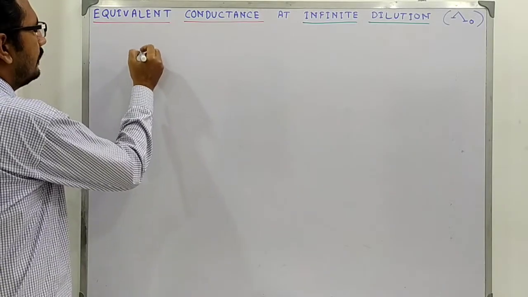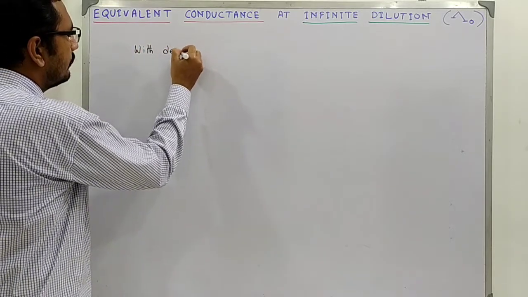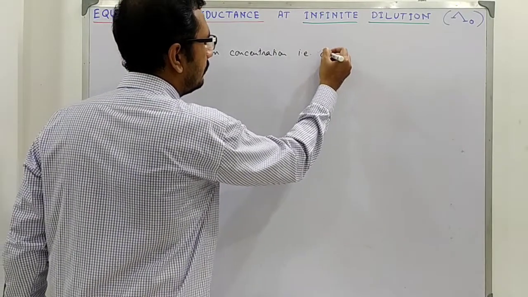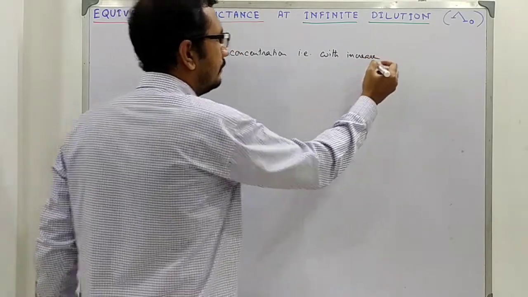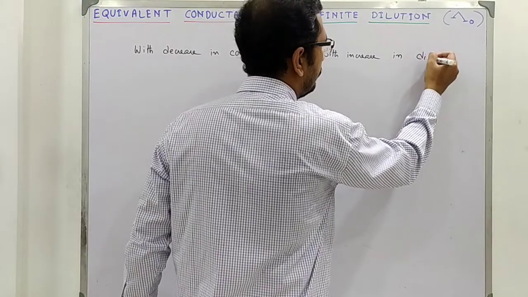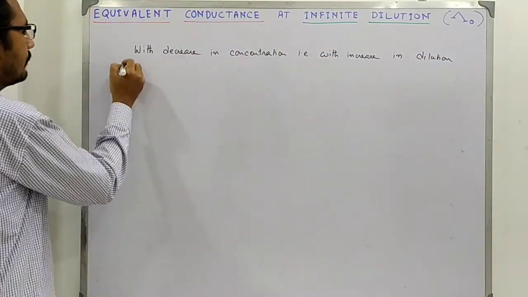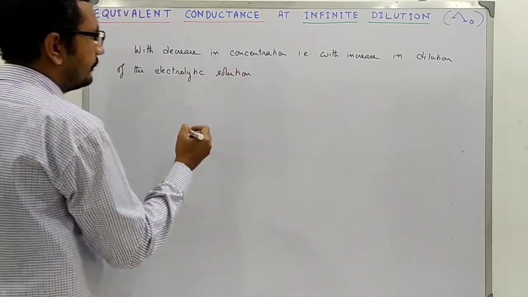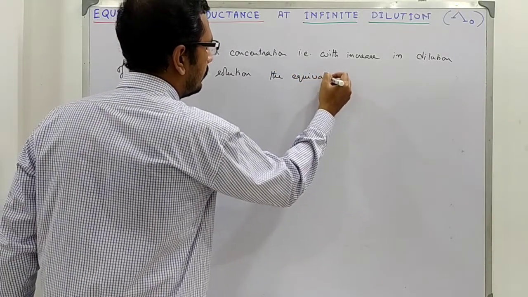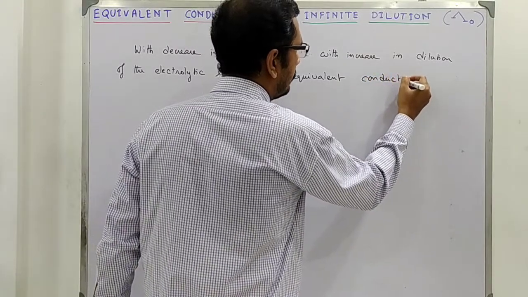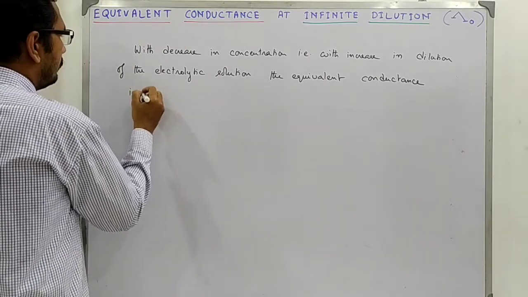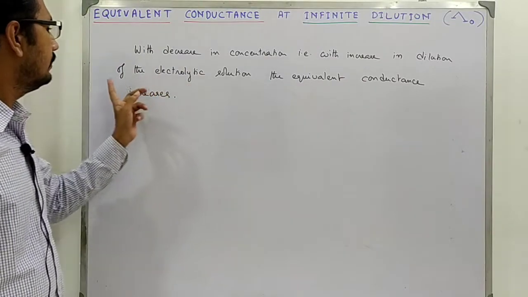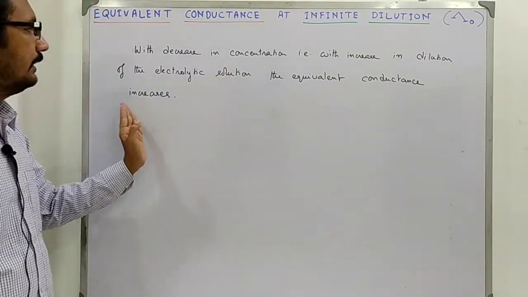Now we have seen that with decrease in concentration, that is with increase in dilution of the electrolytic solution, the equivalent conductance of the solution increases.